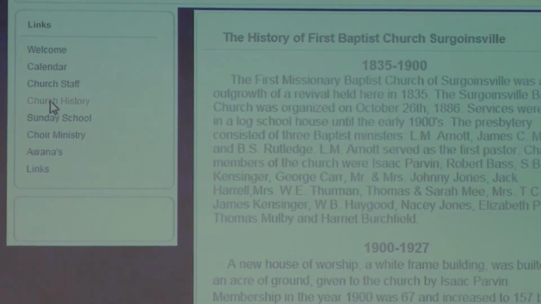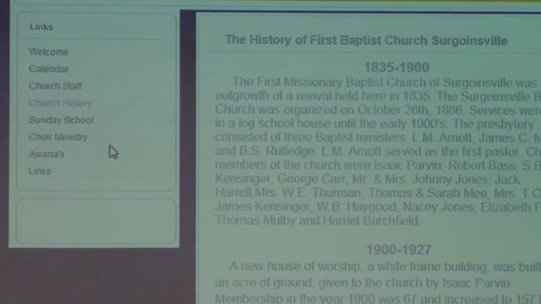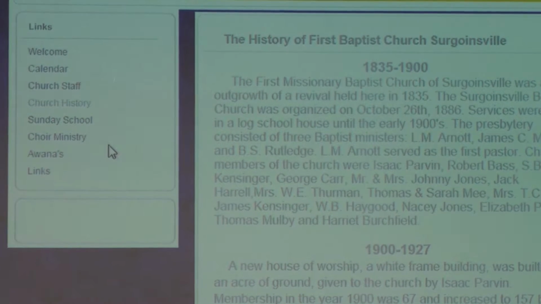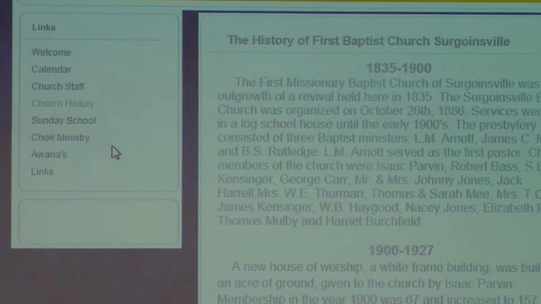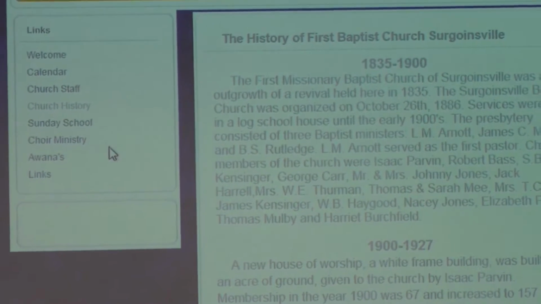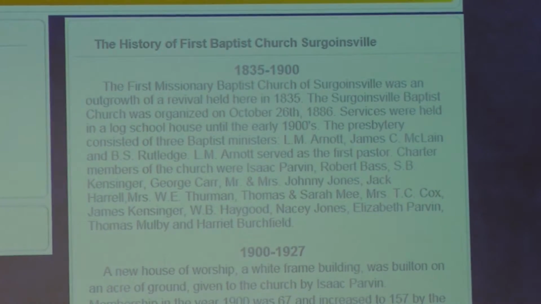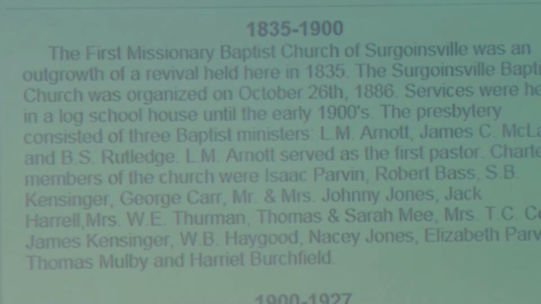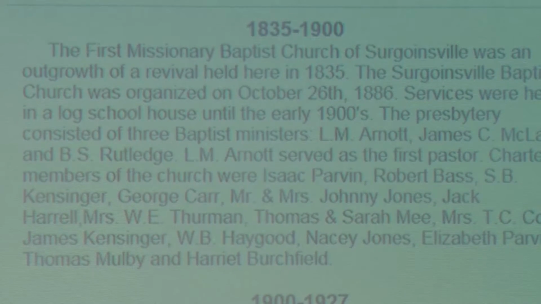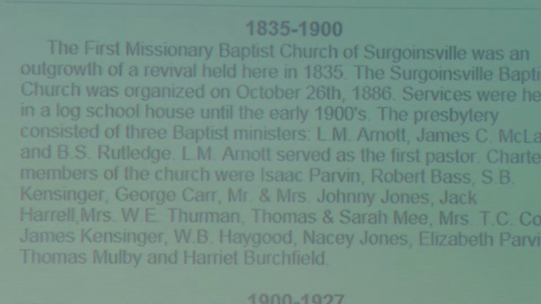So, 1835, 1900, okay. So the question to the minister is, where are the records? Oh, we have them right downstairs, or we have them up in the attic, or they're at so-and-so's house, or we put them in the museum, or they went to the Baptist convention, or whatever. And so what you've done is you've localized it.